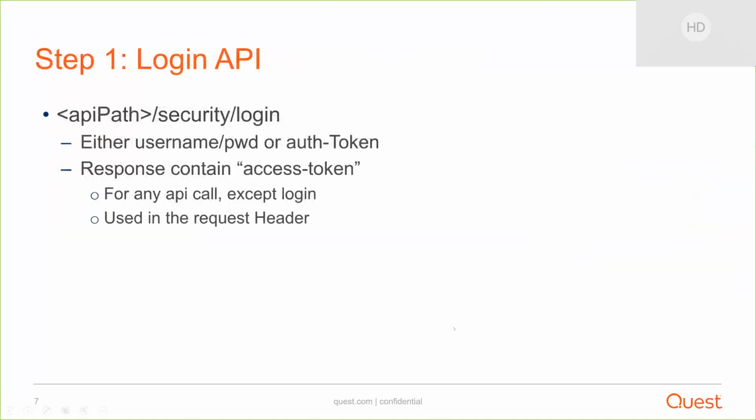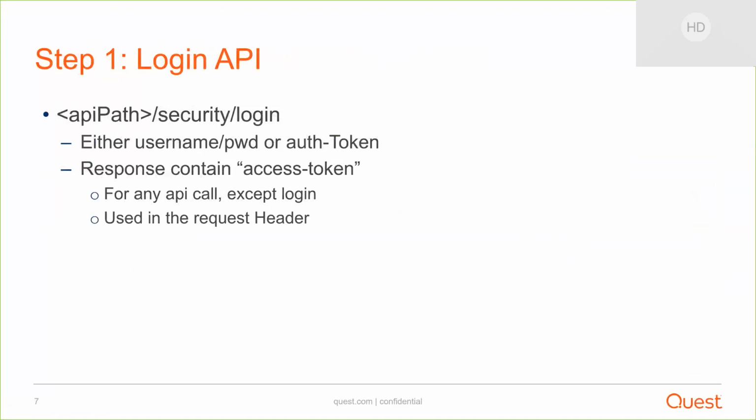Now, step 1. Obviously, step 1 is login. Without logging in, you cannot do anything. And as we already mentioned, you can log in using your username or password, or you can use the authentication token. During the demo, I'll show you how to get the auth token.